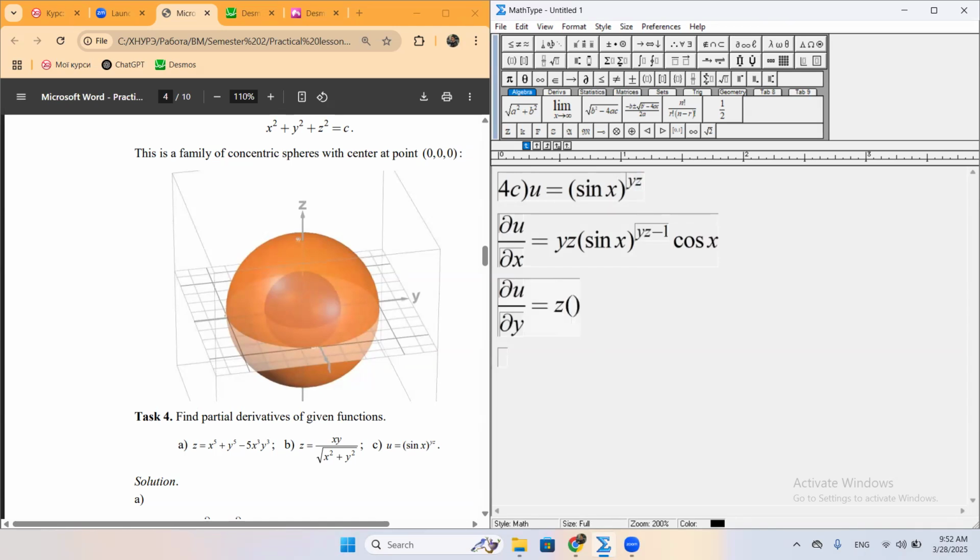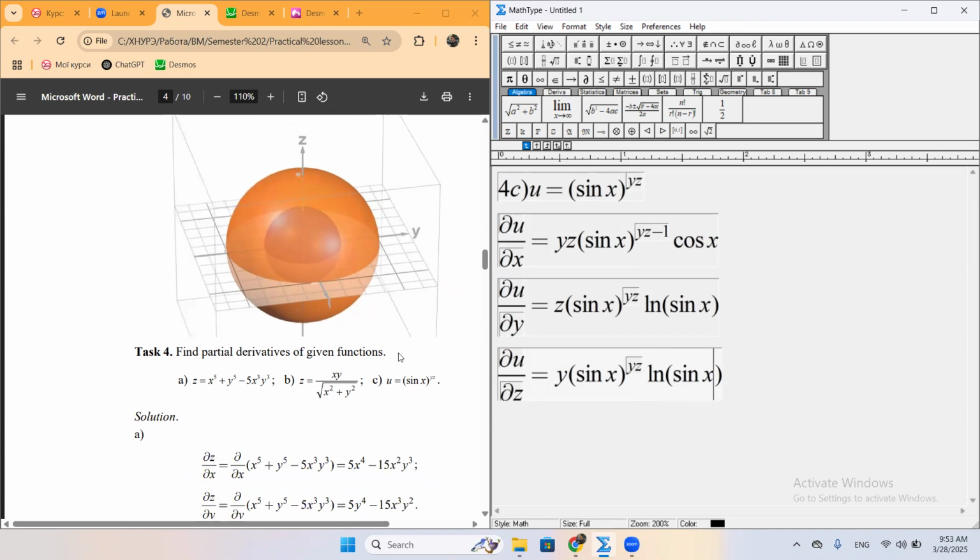So z multiplied by sine of x in power of yz, and also multiplied by logarithm of sine of x. Now du by dz, actually it is analogical. y multiplied by sine of x in power of yz and multiplied by logarithm of sine of x. Any questions about this exercise?